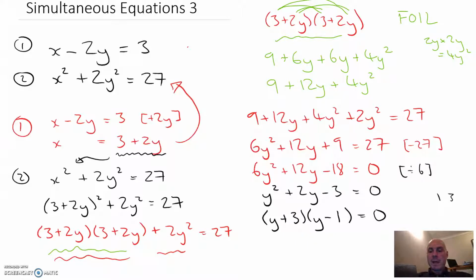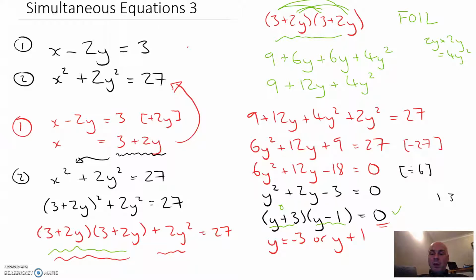What does this tell me? That tells me that the solution to this equation is that y can be negative 3, or y can be positive 1. Now why is that? To make this equation equal to 0, one of these brackets, either this one or this one, has to be 0, because if this one's 0, 0 times whatever the other bracket is gives 0.